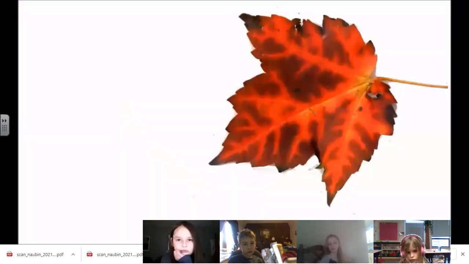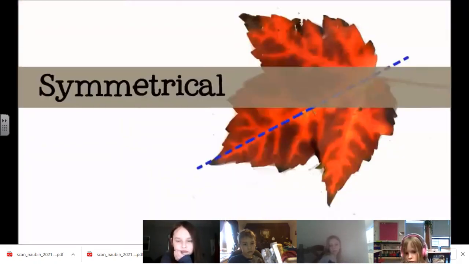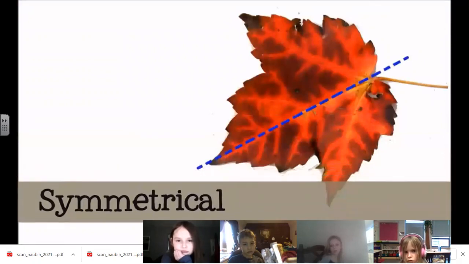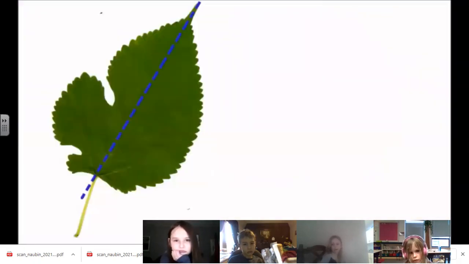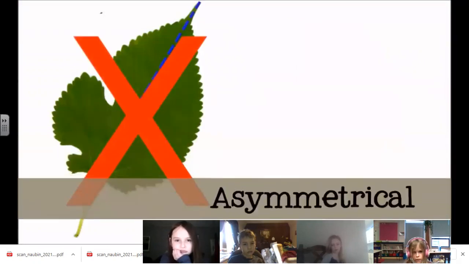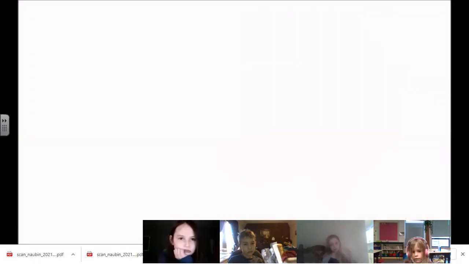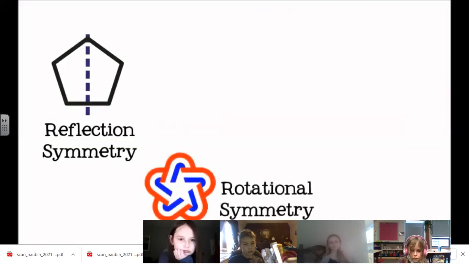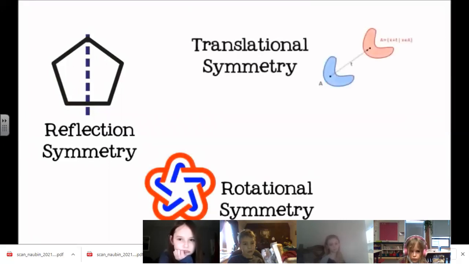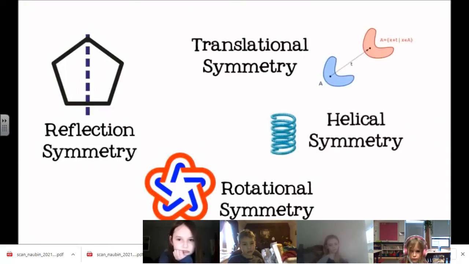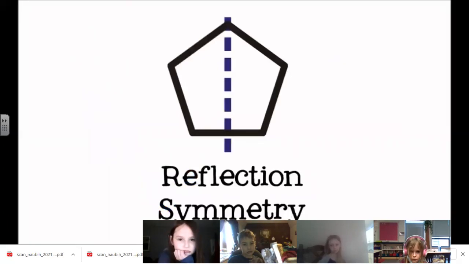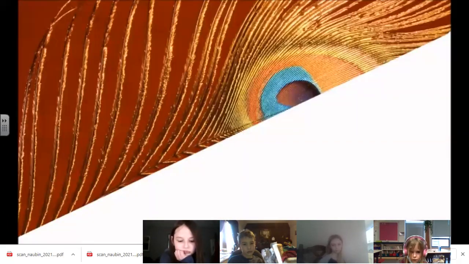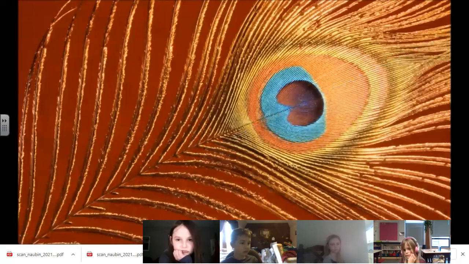When an object has symmetry, we say that it is symmetrical. When an object does not have symmetry, we say that it is asymmetrical. There are many different types of geometric symmetry, but today we are only going to talk about the simplest form, reflectional symmetry.